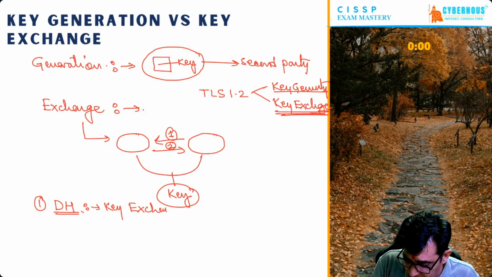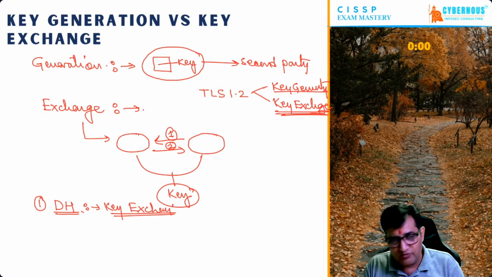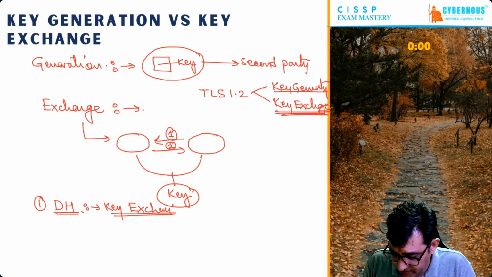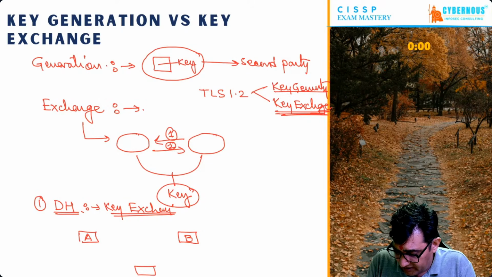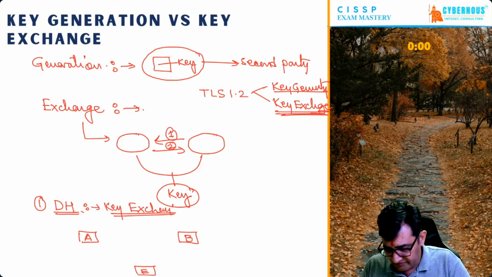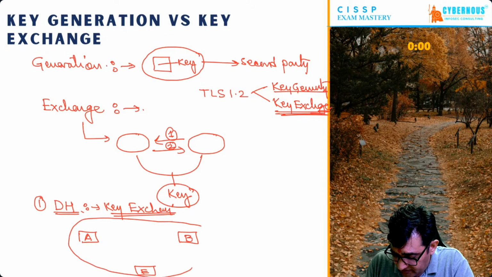It will actually take more time for me to explain, but just on a high level I'm giving you some idea. In Diffie-Hellman, what will happen? Let's say there is a party A, Alice, and a party B, Bob, and a party E which is going to do the eavesdropping, who wants to listen to the traffic. And let's say there is no secure communication between them.